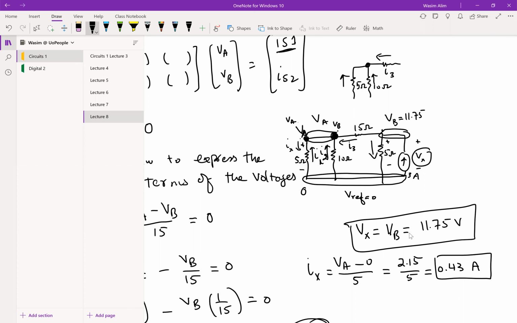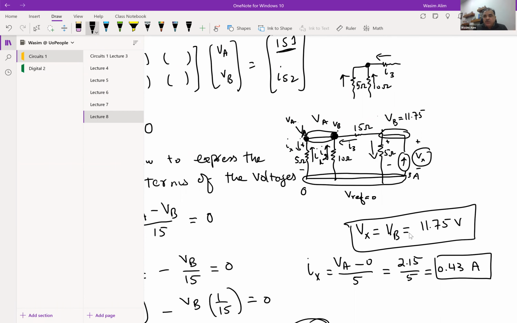VA is one node encompassing 2 black dots, because there's a wire between them. If there's a wire between them, it means the same electrical point and hence the same voltage, so this is the same node. So we call it V sub A.